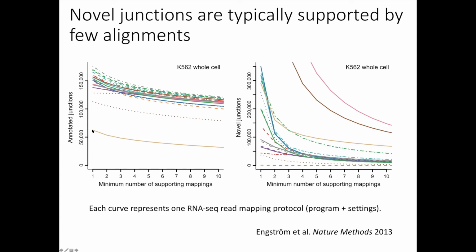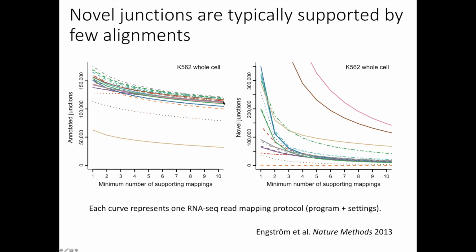And then you can see that for all the programs there's like 150,000 or so, except for this one, I don't remember which one, but basically the 150,000 of the annotated junctions have a representation of at least one read, and then it doesn't change that much. So almost 140,000 of these annotations also have a representation of 10 reads.